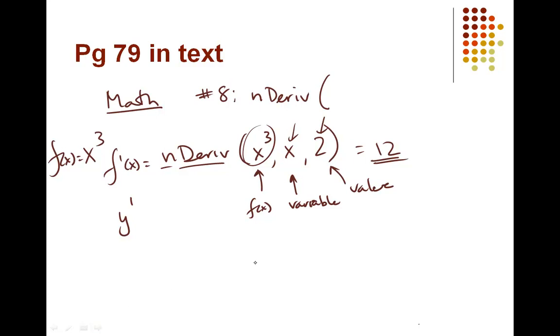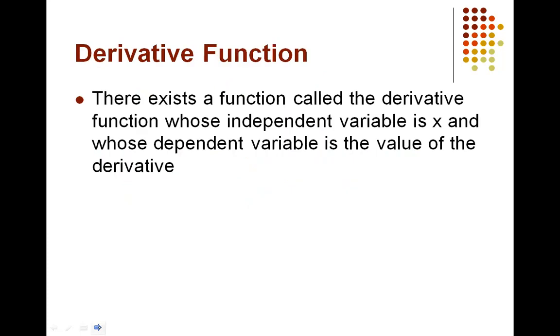Now the other thing that would be nice to do is to be able to find an equation that we could use to find any derivative value at any x or c value. So the derivative function, there exists a function called the derivative function, whose independent variable is x, some x that we choose, and whose dependent is the value of the derivative.